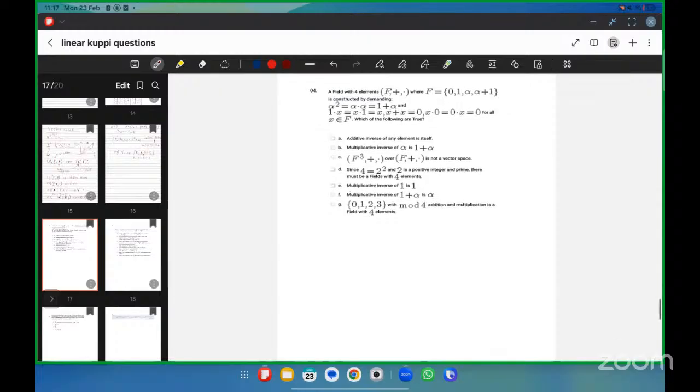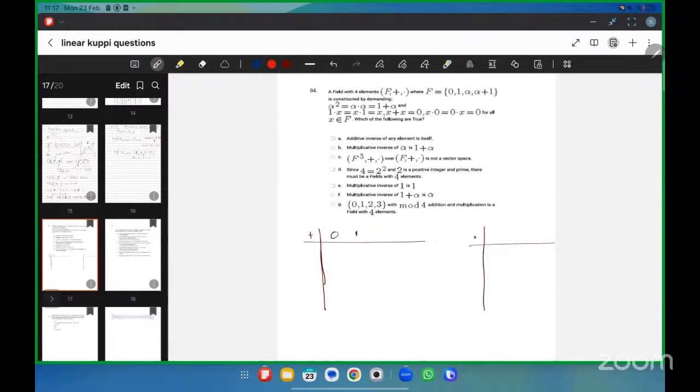So I'll do every part. The first one is we have to check whether it's a field or not. So it's 4 elements, so it's finite, so we can easily write the table for the plus and for the dot.